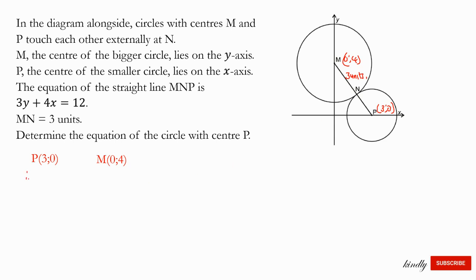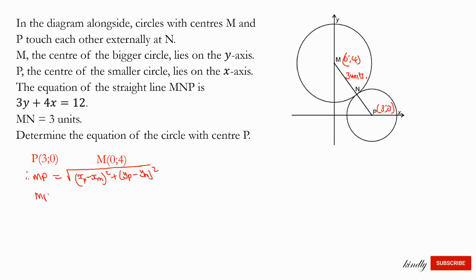So the length of MP is equal to the square root of the x coordinate of P minus the x coordinate of M, squared, plus the y coordinate of P minus the y coordinate of M, all squared.